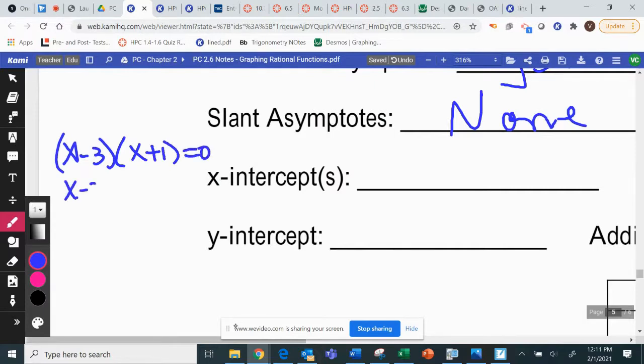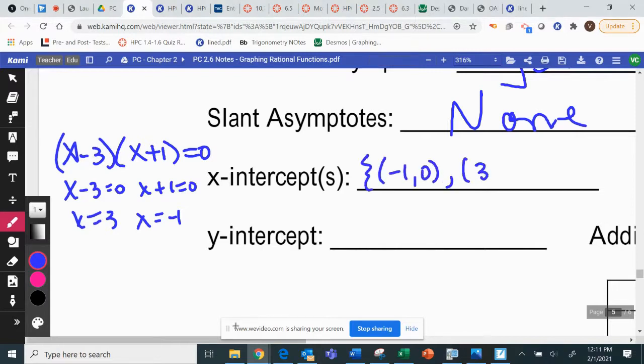It's factored, so I can set each factor equal to 0. And I will have x-intercepts at (-1, 0) and (3, 0). Notice how I put them in order.